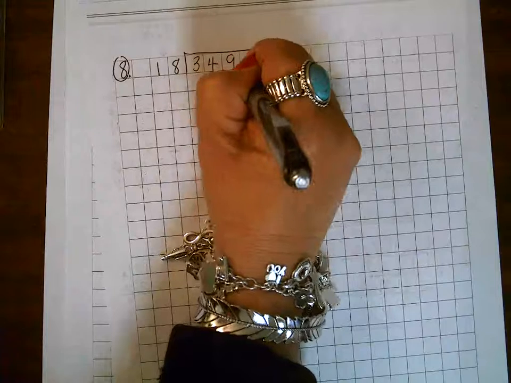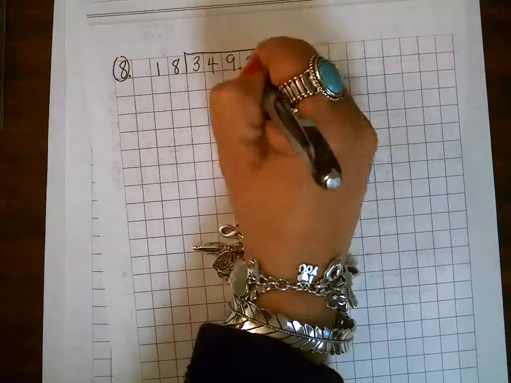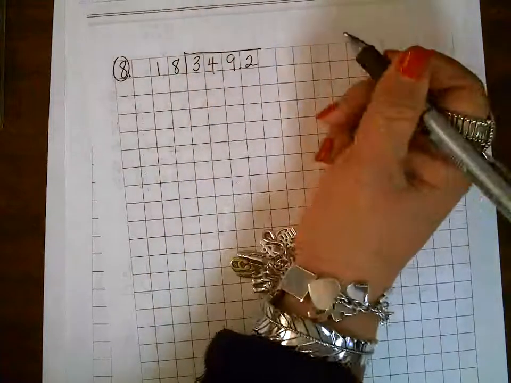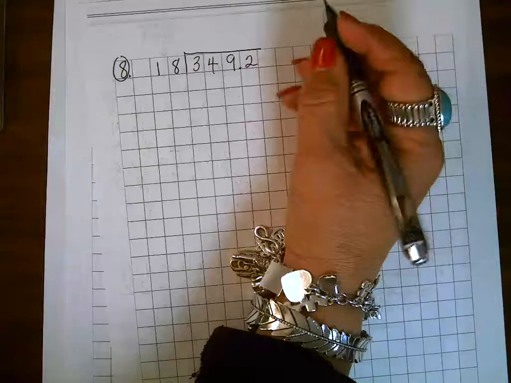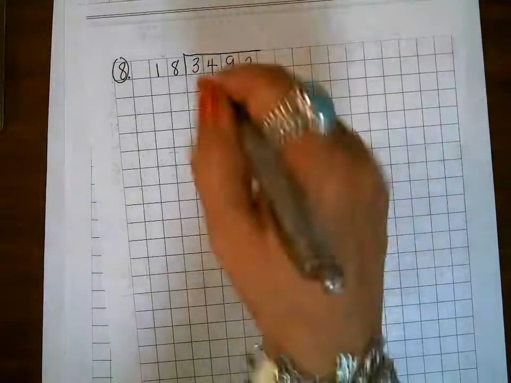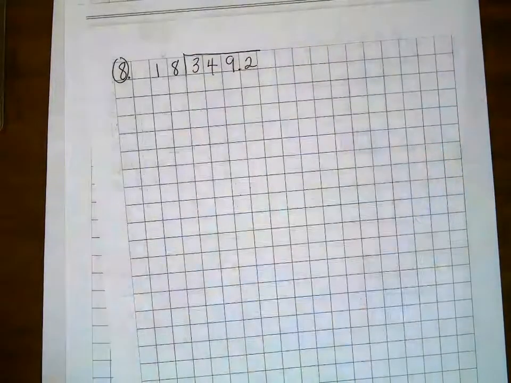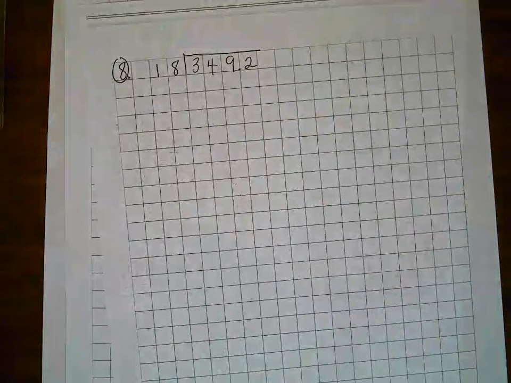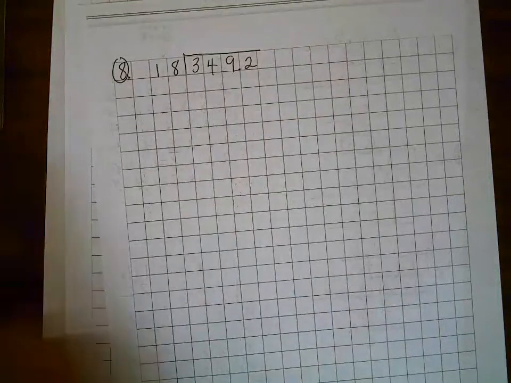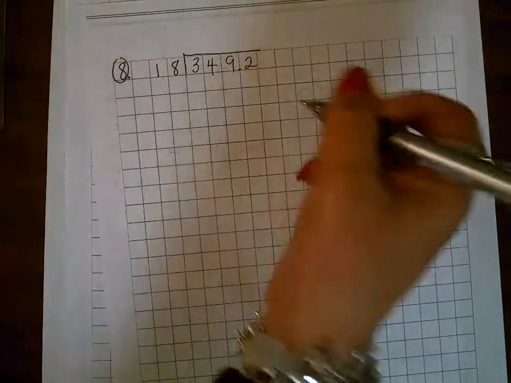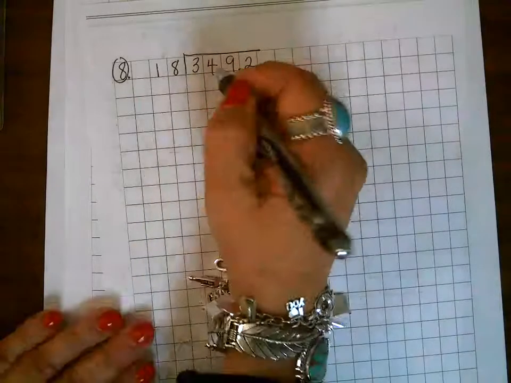If you do not know your multiplication facts, I truly encourage you right now to start writing out your multiplication chart, or to get flashcards and start flipping those, get a deck of cards, combine those, and write the answers down so that you can start memorizing it.